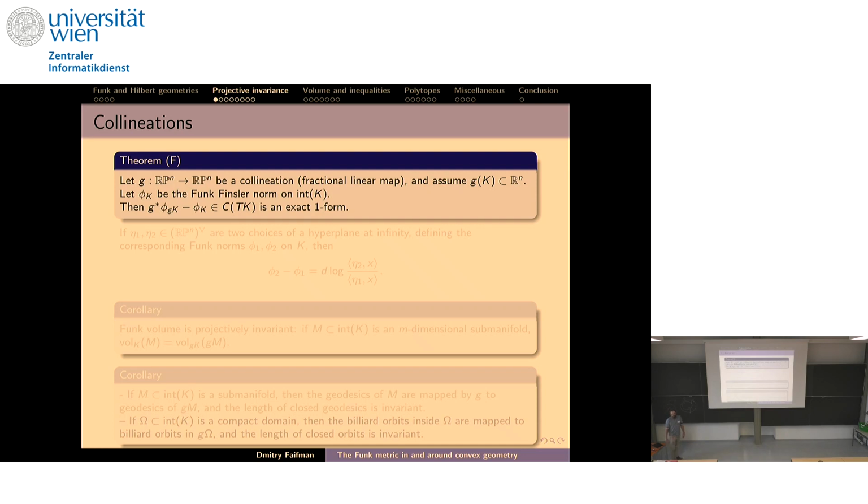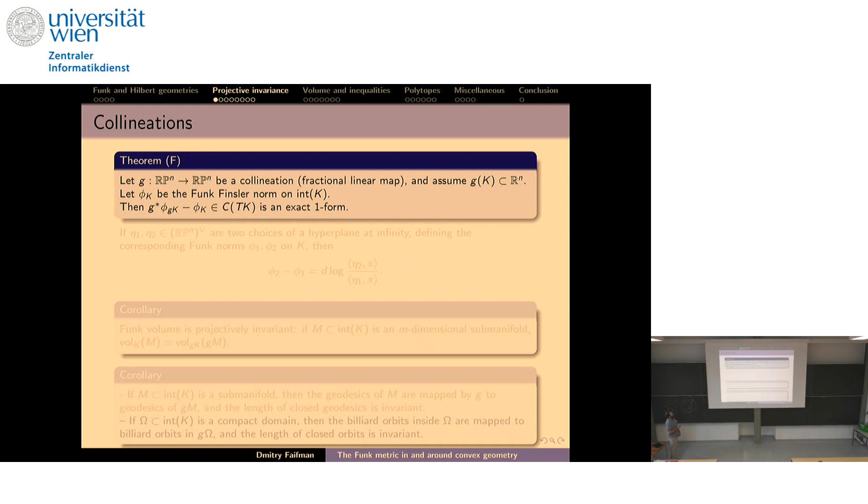So indeed, it turns out that the Funk geometry is closer to being projectively invariant than what you would initially expect. Here is the statement. If you have a collineation, a projective transformation, such that, well, we're talking about bodies in R^n, so we want to make sure that the image is still a compact set, okay?